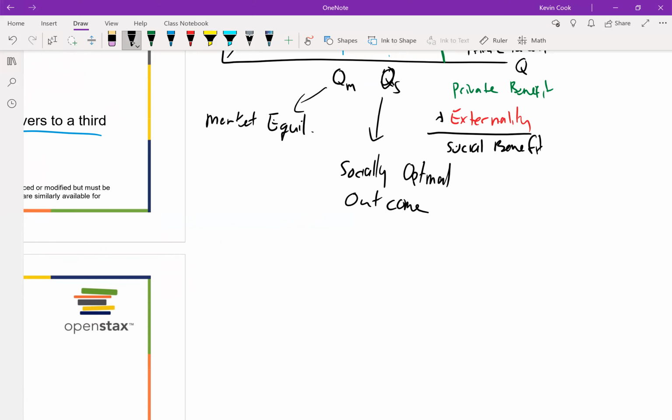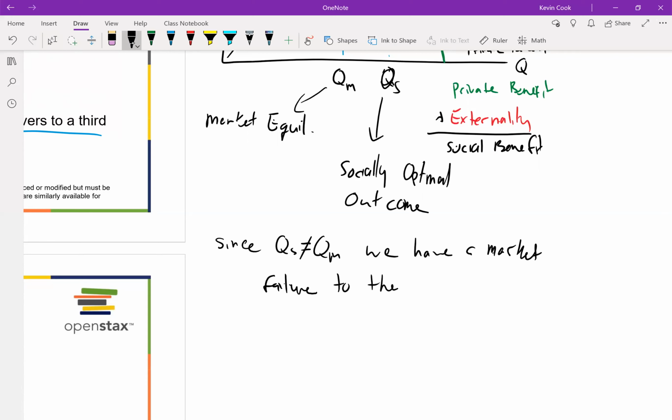So in this case, again, since our social quantity is not equal to our market quantity, we have a market failure, to the magnitude of QS minus QM, our social quantity minus our market quantity.